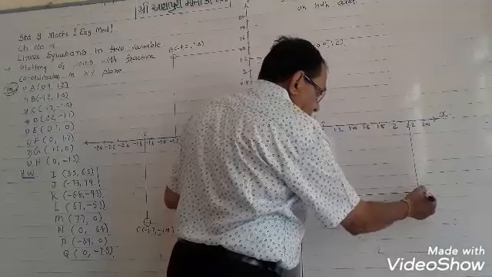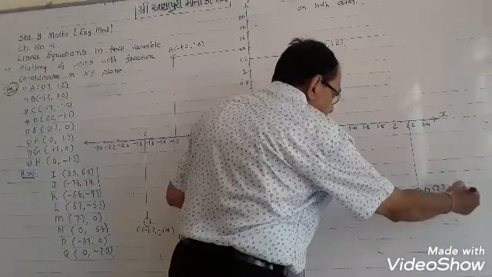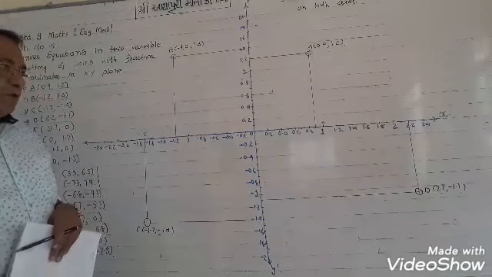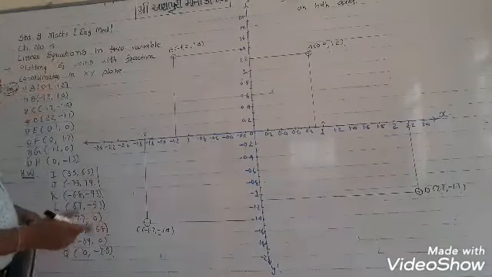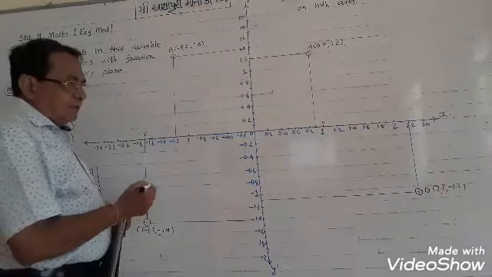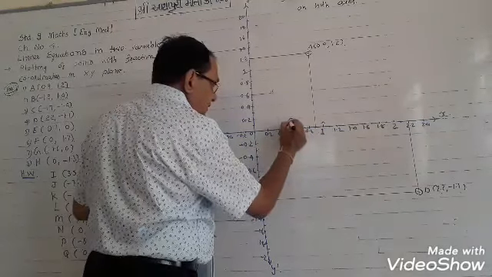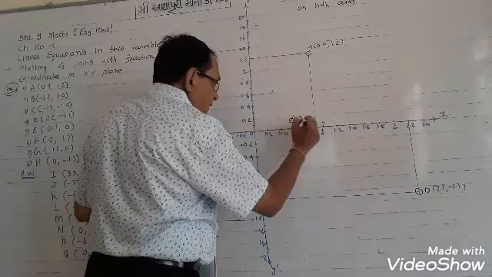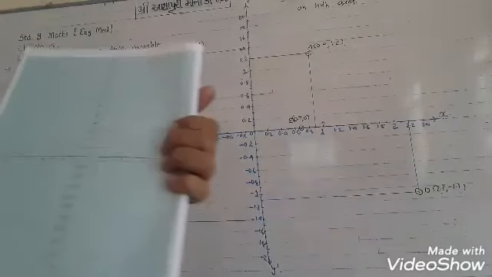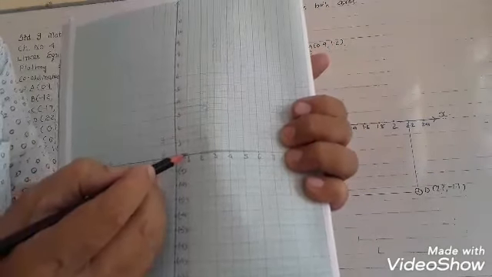So that is your point D. 2.2 and minus 1.1 is positive, negative, so it lies in the fourth quadrant. Clear. Then 0.7 and 0: that is your 0.7 here, and the y coordinate is 0, so it is here. Where is it? 5, 6, 7 here. Got it.